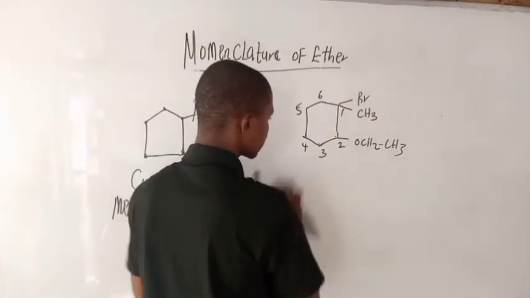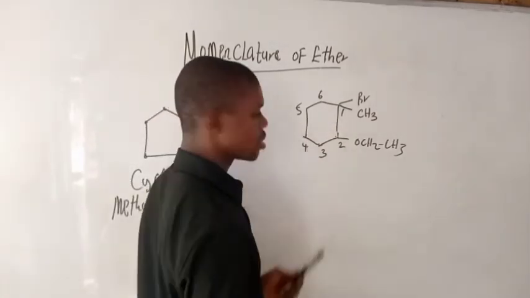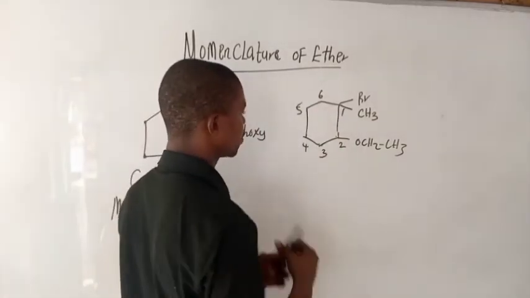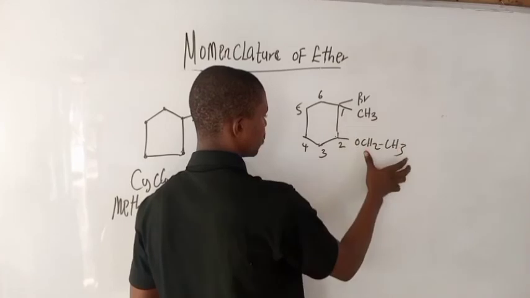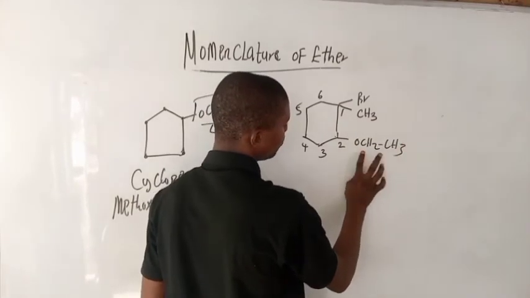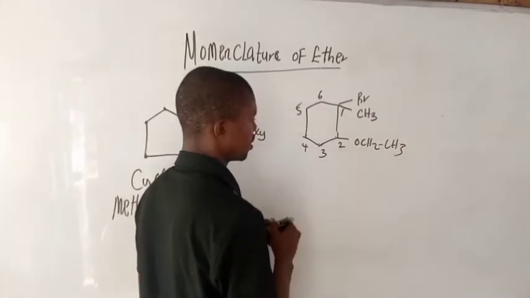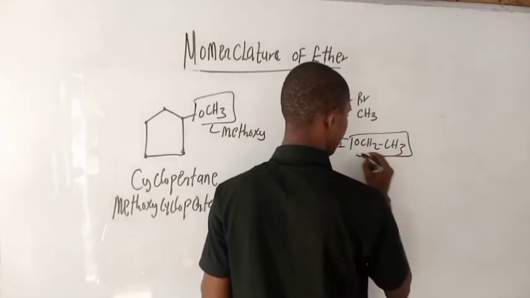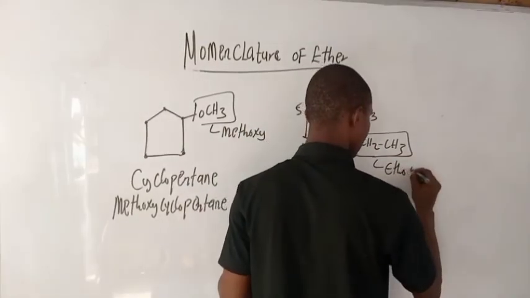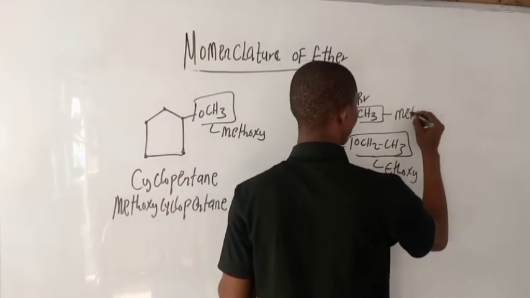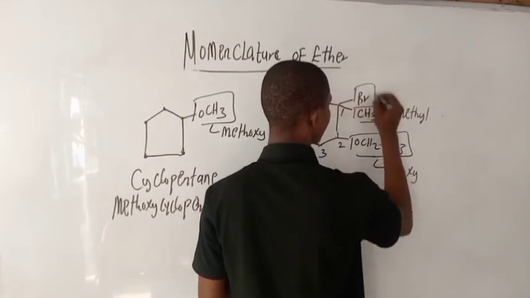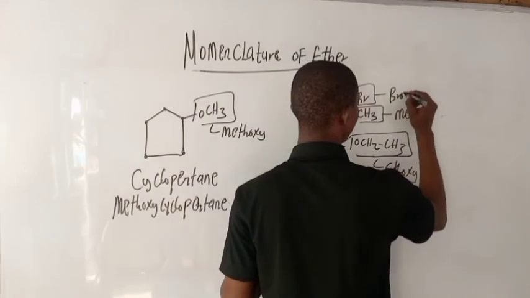Now remember, the cyclo compound is cyclohexene. Here we have the bromo, here we have the methyl, here we have ethyl, sorry. So here we have ethyl, here we have methyl, and here we have bromo.